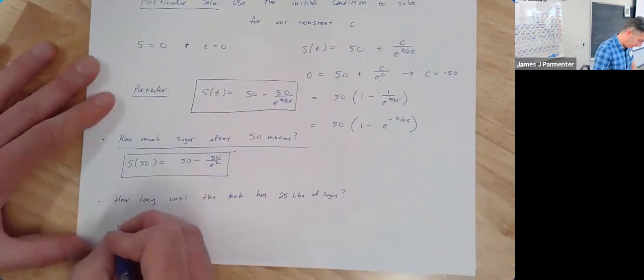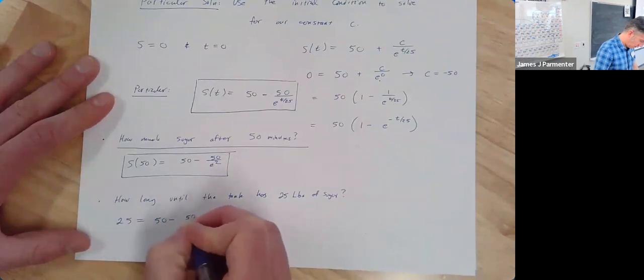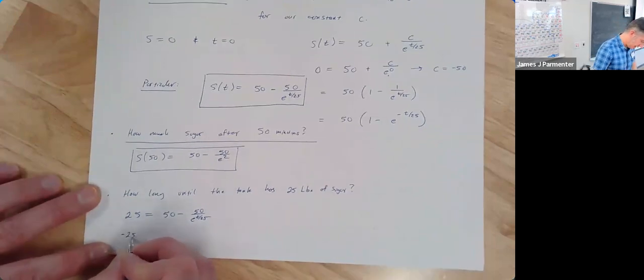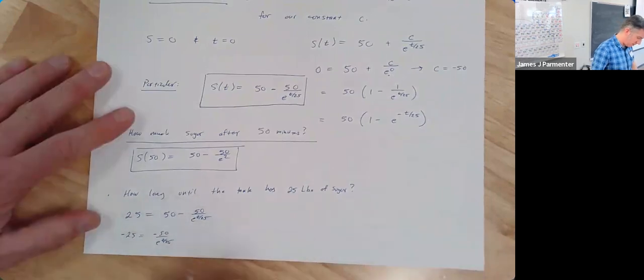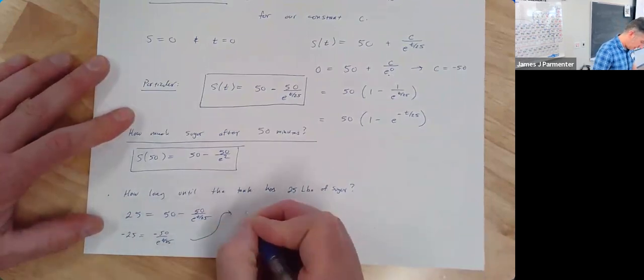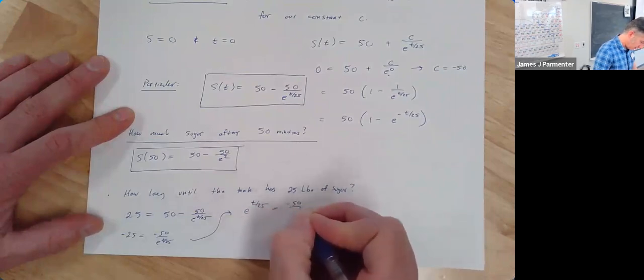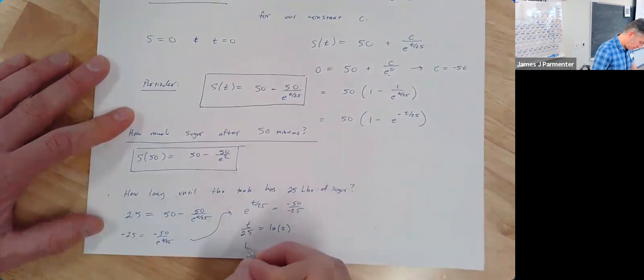So 25 equals 50 minus 50 over e to the t over 25. I would subtract 50, so I get negative 25 equals negative 50 over e to the t over 25. Multiply both sides by e to the t over 25 and divide both sides by negative 25 to get e to the t over 25 equals negative 50 over negative 25, which is just 2. Then take the natural log of both sides, so t over 25 equals the natural log of 2, and then multiply both sides by 25.